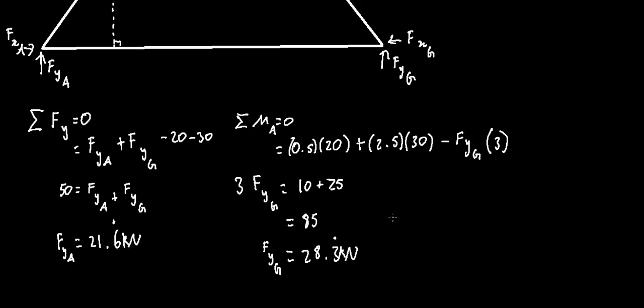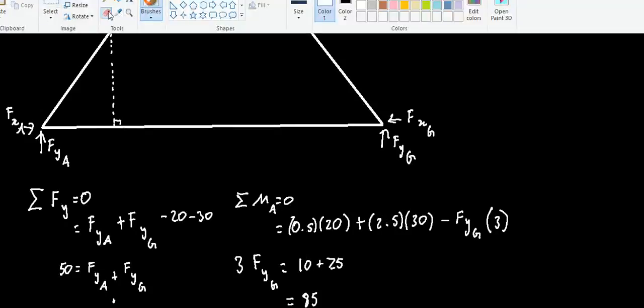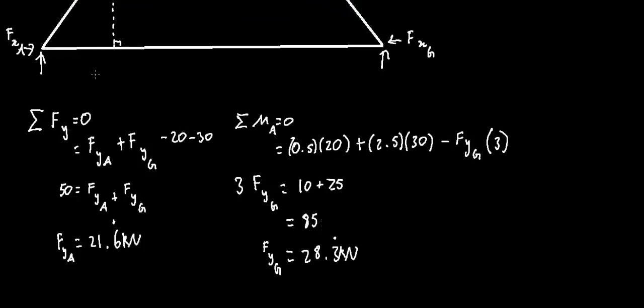Okay, so now we've found our reaction forces up here. Let's just replace them, and rub this out. Substituting back in, Fya is equal to 21.6, and this is 28.3.